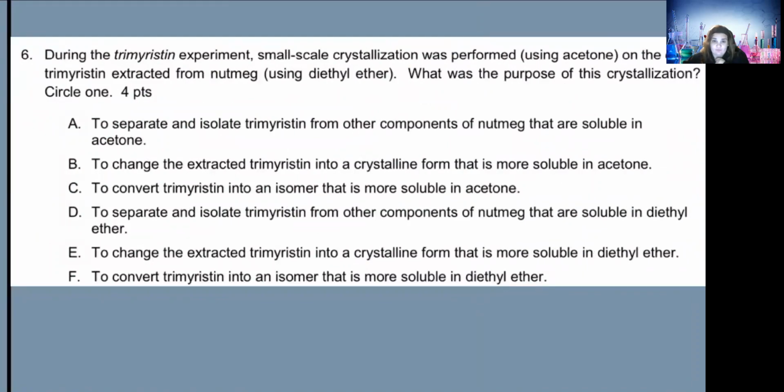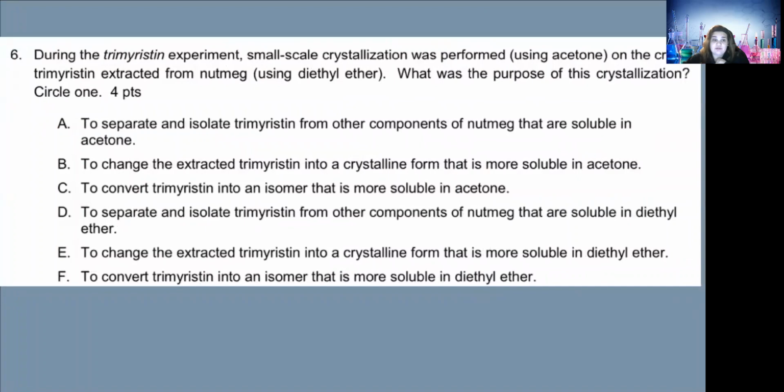So here we're told, during the trimyristin experiment, small-scale crystallization was performed using acetone on the crude trimyristin extracted from nutmeg, for which we used diethyl ether. What was the purpose of this crystallization? Okay, so let's read through these answer choices.